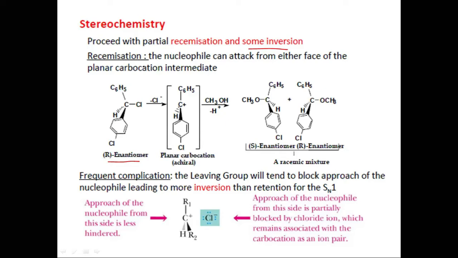Why do you generally get racemization in this kind of reaction? The nucleophile needs to attack the formed carbocation, and then you will get two types of enantiomers. The nucleophile can attack from either face of the planar carbocation intermediate. The planar carbocation is achiral in nature. But the starting material you have taken is chiral or achiral?